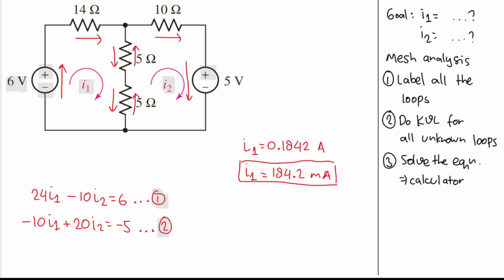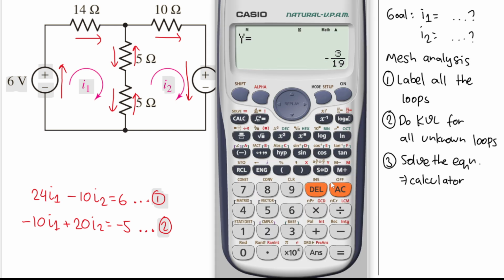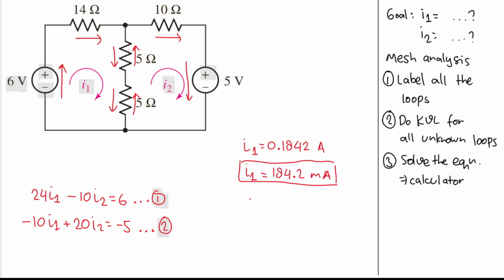And then I2 is the Y value here. Let's convert this to decimal. So we will have minus 0.1578 or minus 0.1579. Okay, I2 is equal to minus 0.1579.